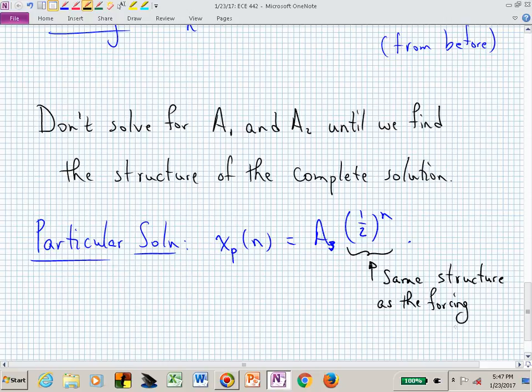Yes, that's a poorly written subscript. That's an a sub 3. Well, now it's nothing, is it? Somehow it all disappeared. So let me slow down and write an a sub 3. Is that better? So this is the same structure, the 1/2 to the n, as the forcing function.